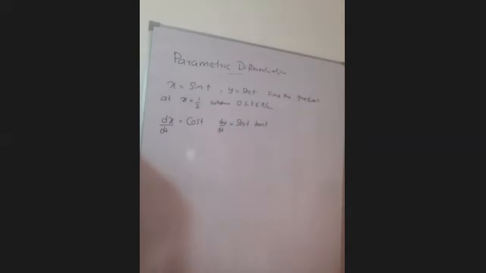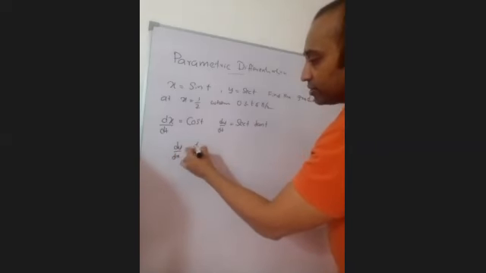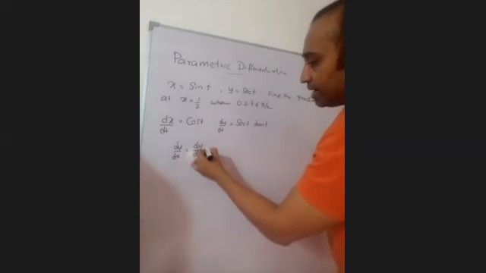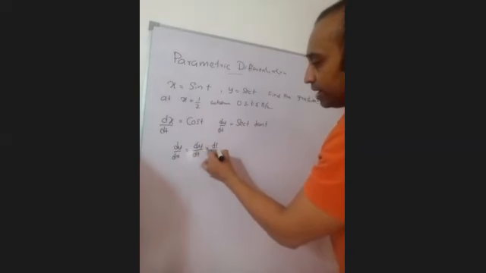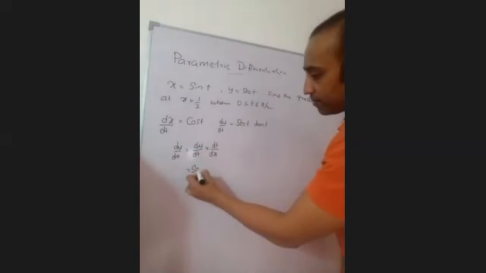Differentiation of sec x is sec x tan x. So differentiation of sec t is sec t tan t. Right. Okay. Then you can work out dy by dx is equal to dy by dt into dt by dx. Noted? dy by dt, we know this fact.